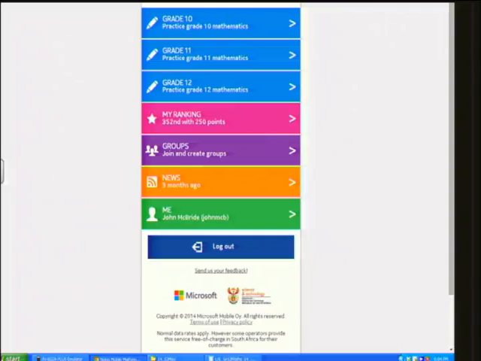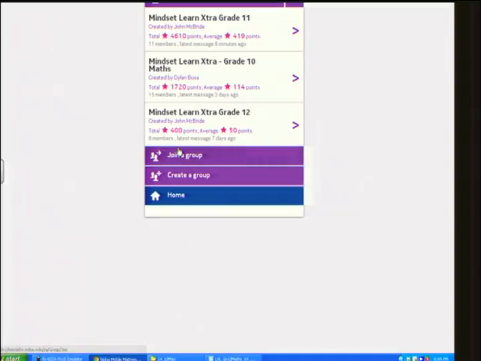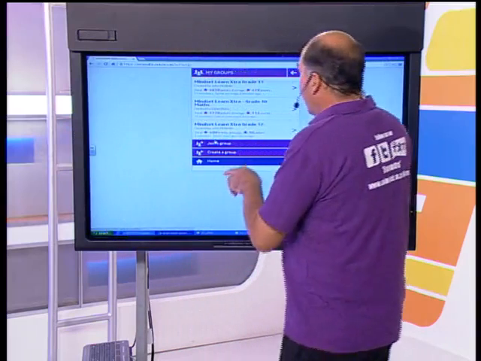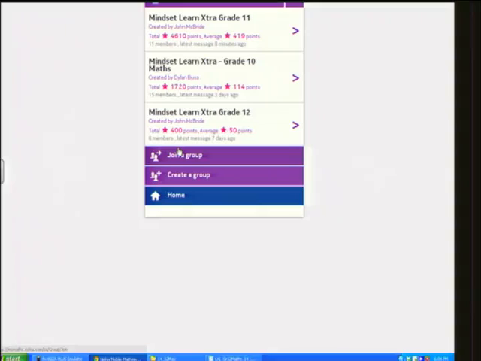If you go to join group, you'll be able to use the invite code that AB is going to post on the page and join the grade 12 group. And there you see, I've got three groups going. This is the grade 12 group that I've created, and I want you to come and join us.